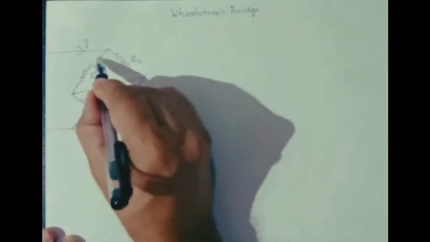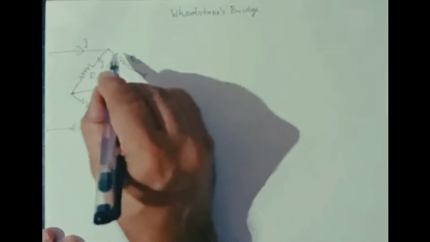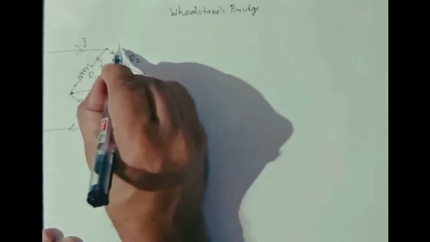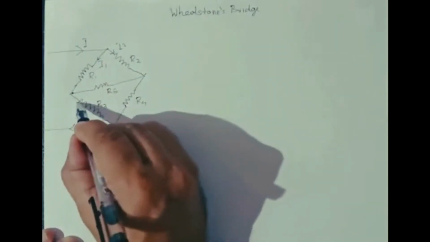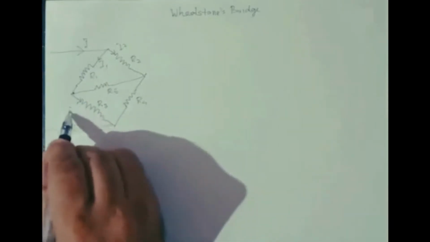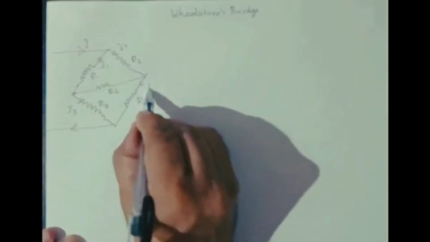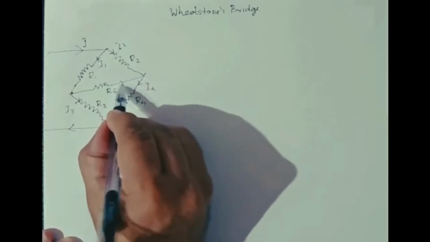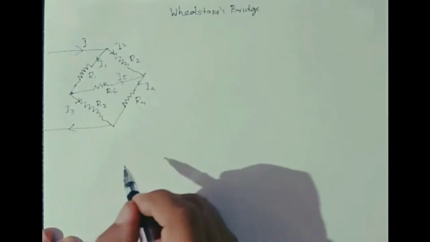The current through R1, let us take it as I1, and through R2 you may take it as I2, and through R3 the current is I3, and through R4 you have I4, and through the diagonal resistor let the current be I5. So this is the Wheatstone bridge circuit.